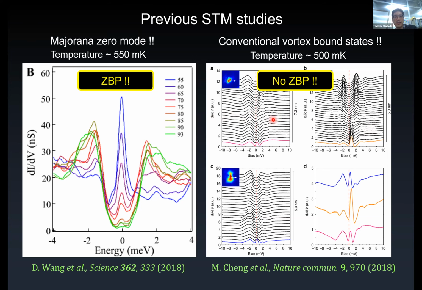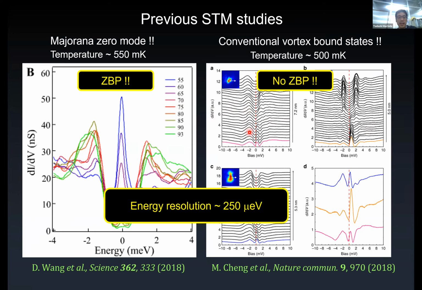So when I saw these two papers, I was wondering whether the energy resolution of their experiments is not enough to distinguish between the Majorana zero mode and the conventional vortex bound states, because their energy resolution is about 250 microelectron volts. That is comparable with or larger than the expected energy separation between the Majorana zero mode and the trivial vortex bound states.